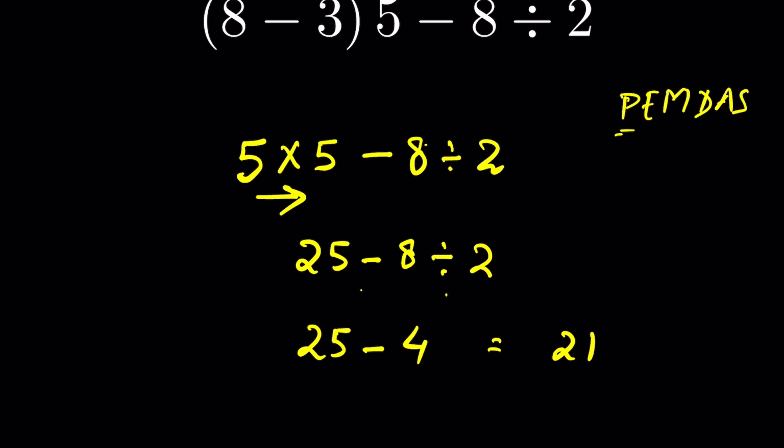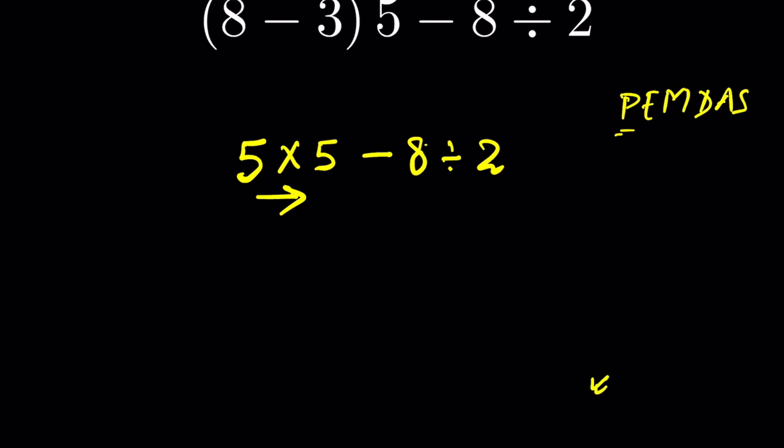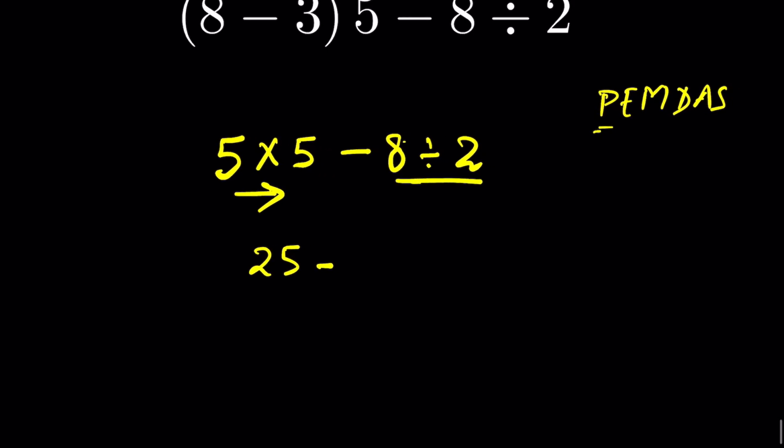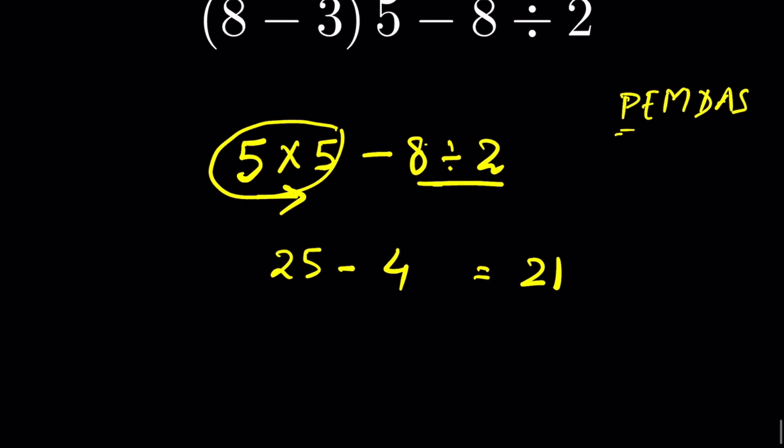So you get 21 as your answer. If you solve both of them at the same time, 5 times 5 is 25, minus 8 divided by 2 is 4. 25 minus 4 is 21. So when you get these types of question, you can solve it like this. So 21 is the correct answer.